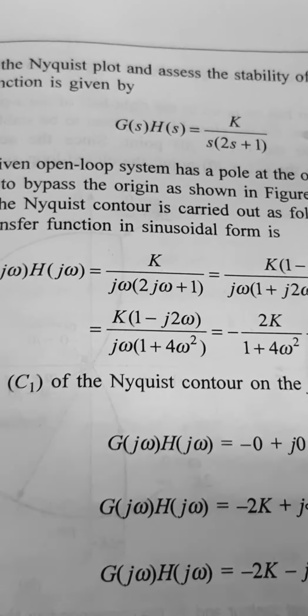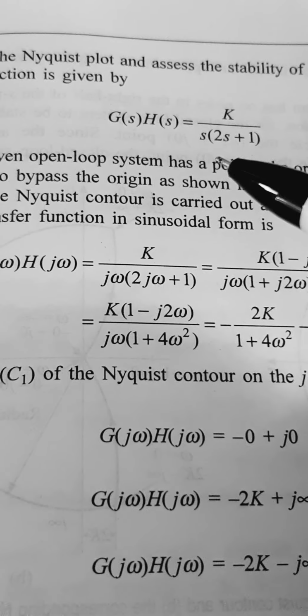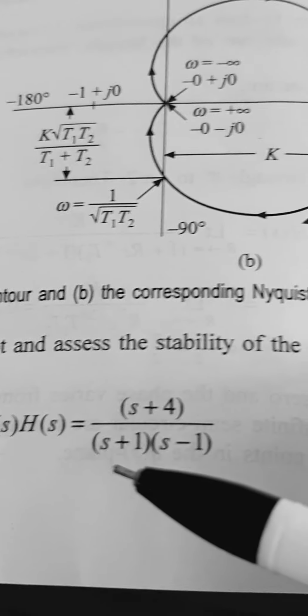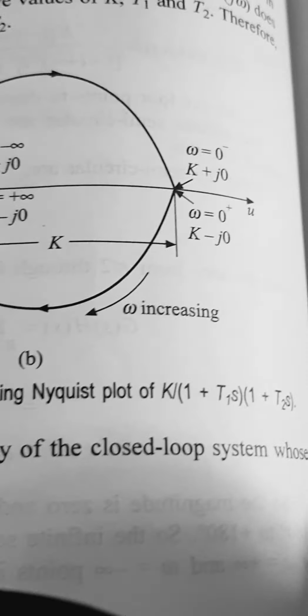Here we convert the open loop transfer function into sinusoidal form. We will get G(j omega)H(j omega), where s is replaced by j omega, so K divided by j omega into (2j omega plus 1). In the previous problem, 8.2, we got s plus 1 and s minus 1.